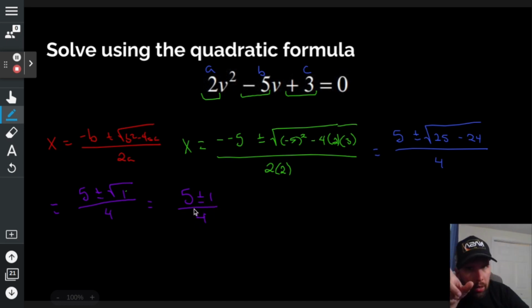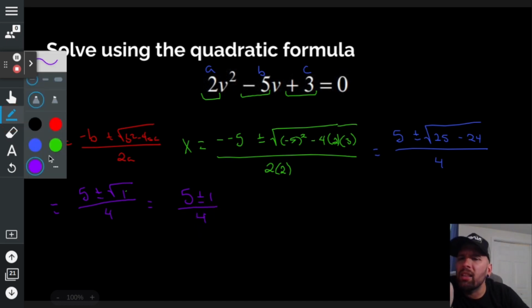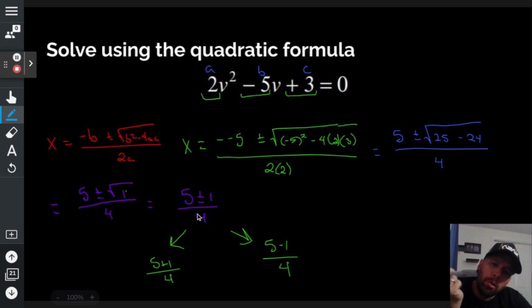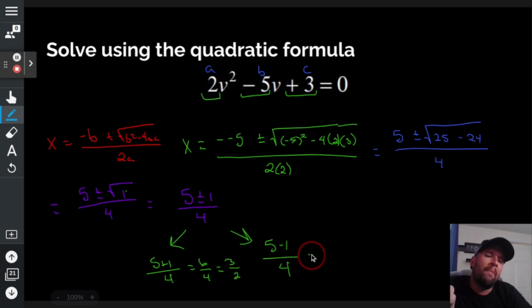Now what do I do? Well, I can clean this up. I can split this up into two problems. 5 plus 1 over 4 and 5 minus 1 over 4, because that's what plus or minus means. 5 plus 1 over 4 is 6 over 4, which is 3 over 2. 5 minus 1 is 4 over 4, and 4 over 4 is 1.